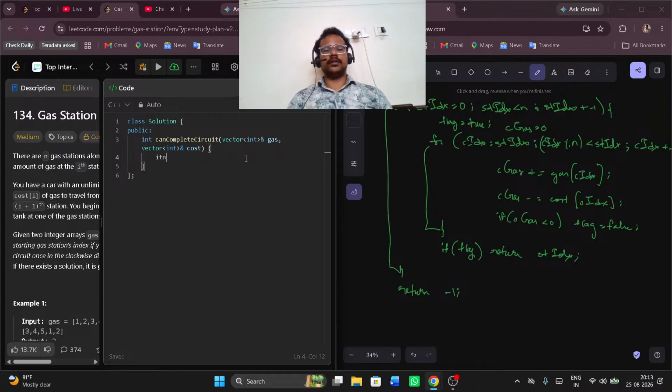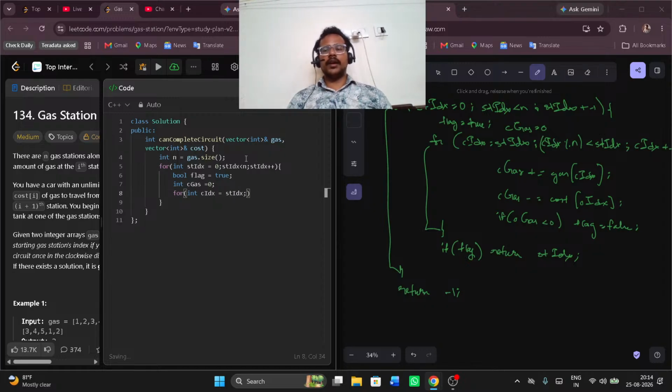First, int n is equal to gas dot size, and for int start index is equal to 0, start index is less than n, start index plus plus, and bool flag is equal to true, and int current gas is equal to 0 for int current index is equal to start index, and current index mod n is less than start index.